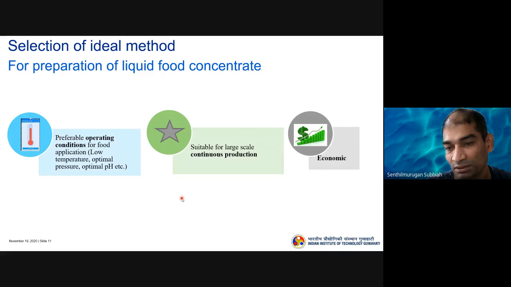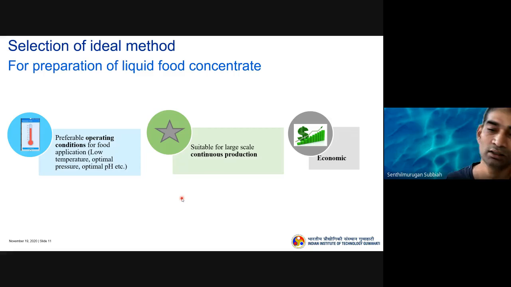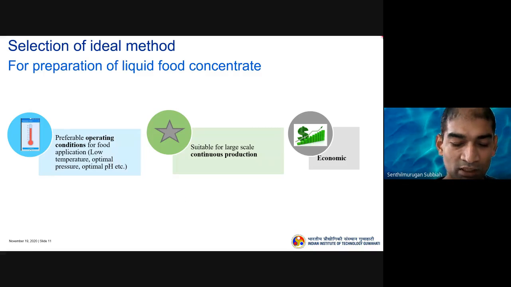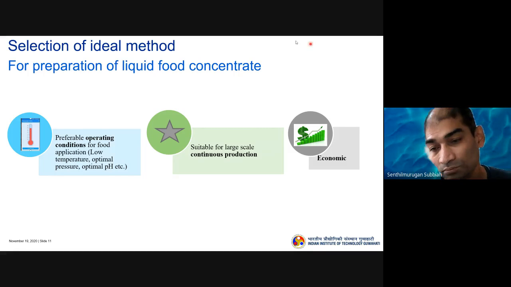And then the economics. Ultimately, for any process to have sustainability, we should have good economic benefits. So when we say economic benefit, we mean low energy consumption, and then good quality of the product and consistency.